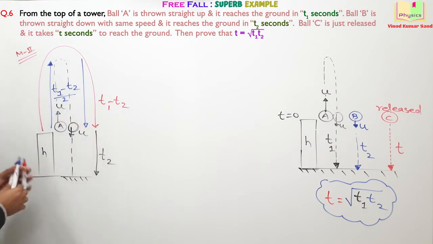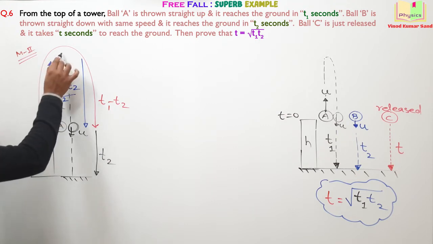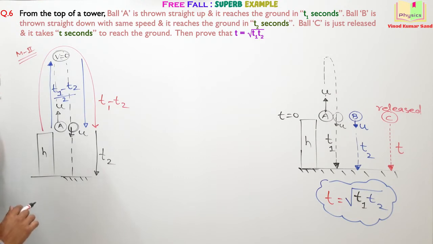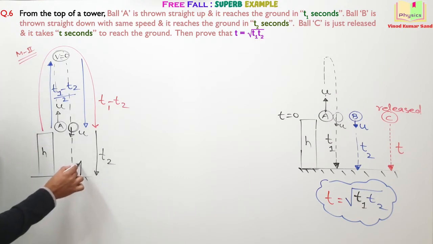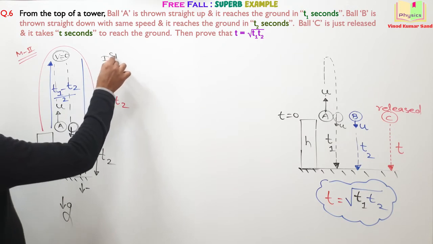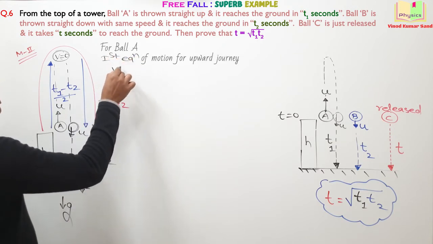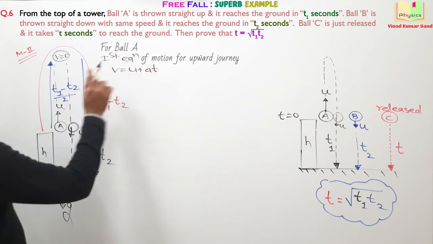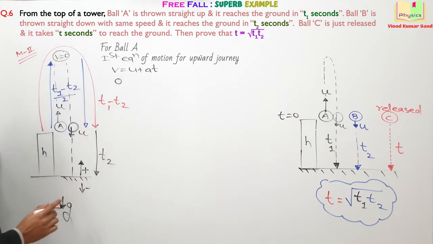Now for ball A, I am using the first equation of motion. At the top of its path, its velocity is 0. For computation purpose, I'll be taking the upward direction positive, downward as negative, acceleration due to gravity is in this direction. Use the first equation of motion, v is equal to u plus at. Final velocity becomes 0.